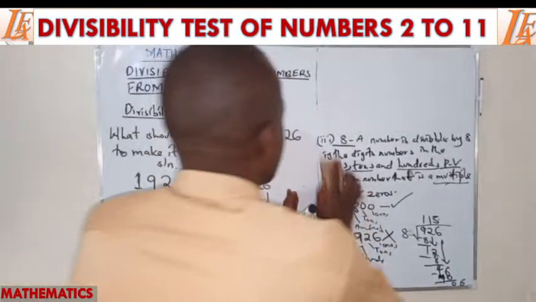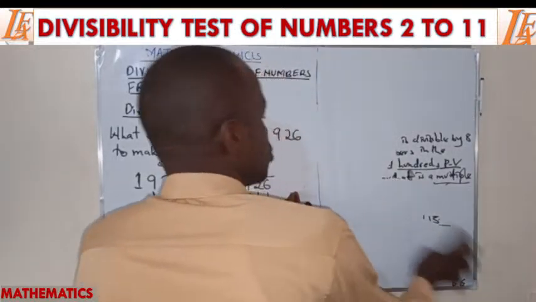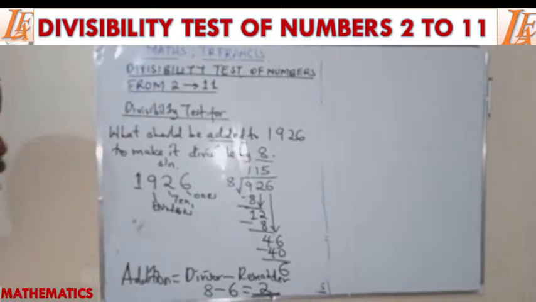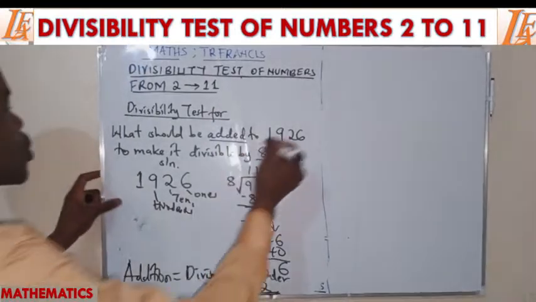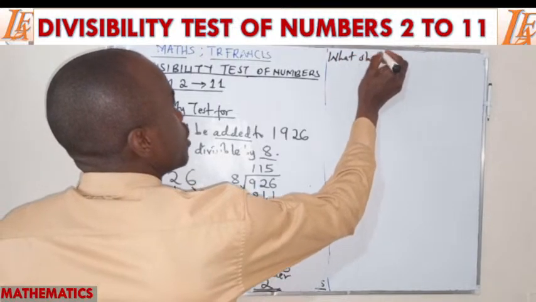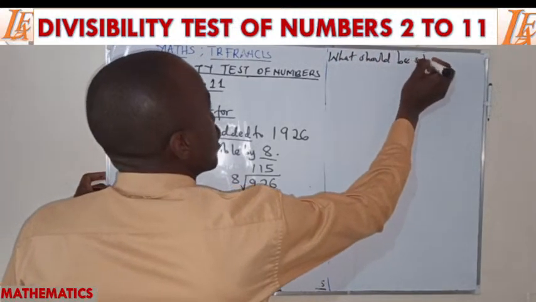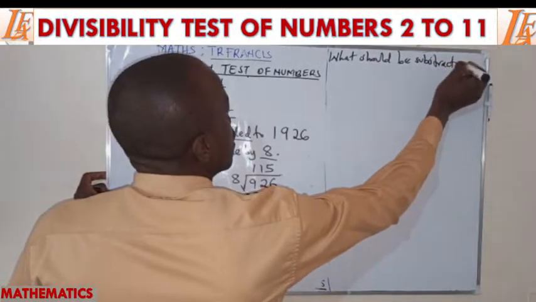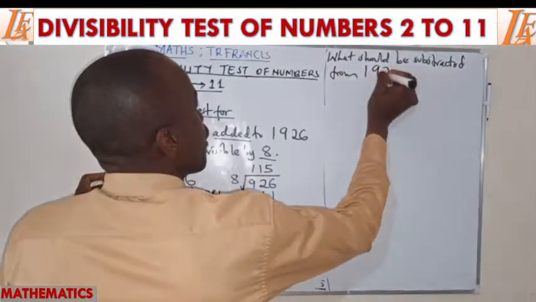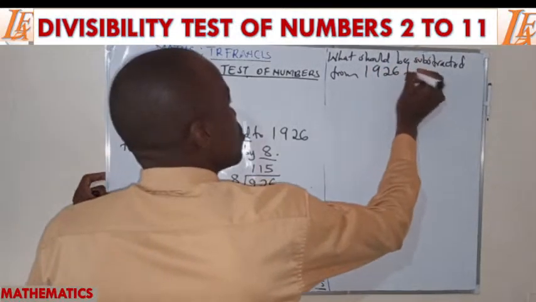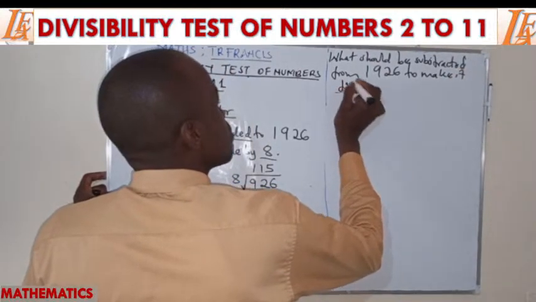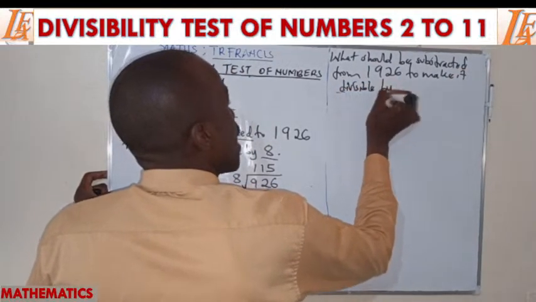Then, what should be subtracted? The question can also read, what should be subtracted from 1926 to make it divisible by 8?